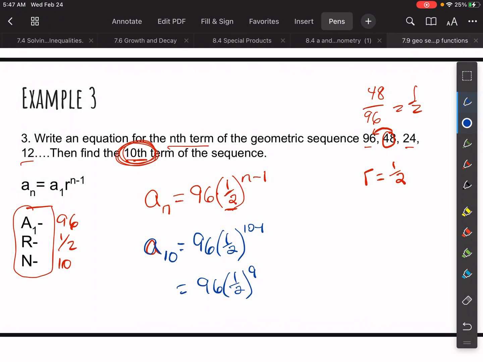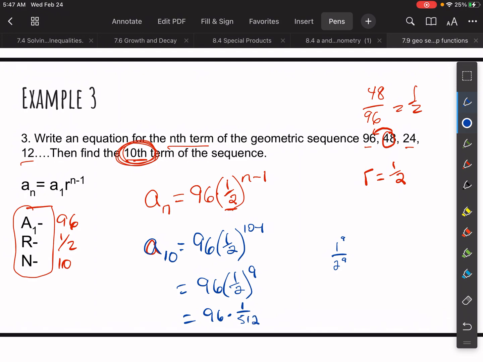I'm going to do that in my calculator, but it's the same thing as 1 to the 9th power over 2 to the 9th power. 2 to the 9th power is 512. So this is the same thing as 96 times 1 over 512.